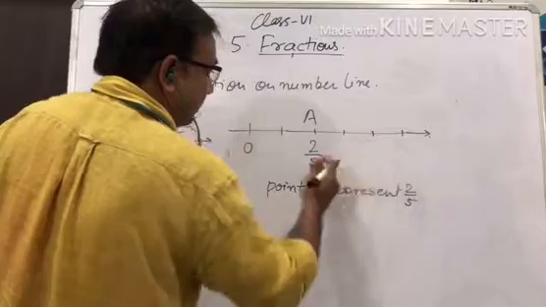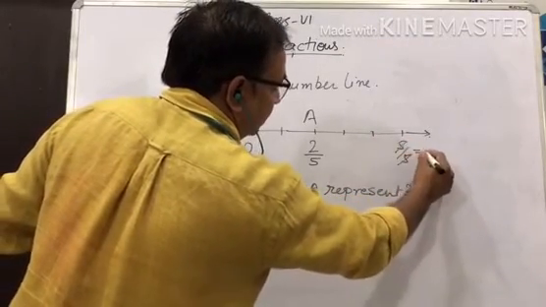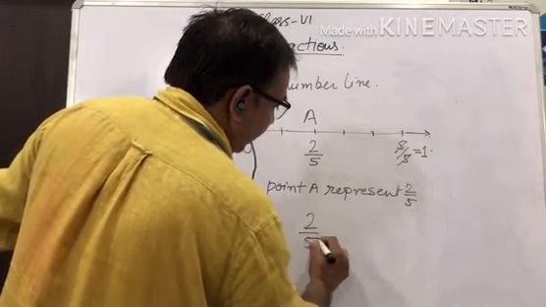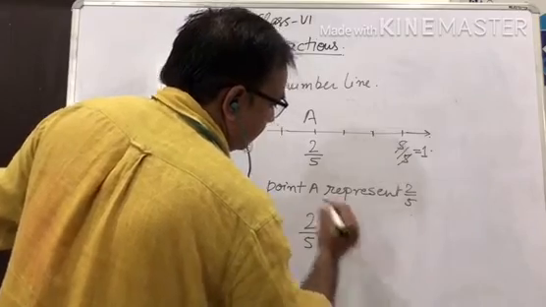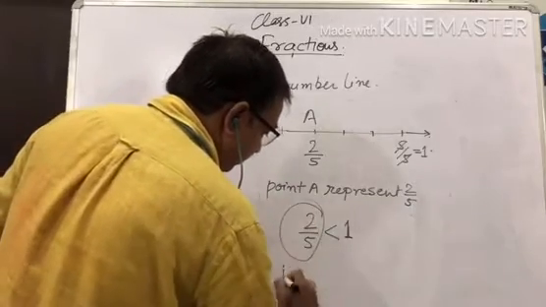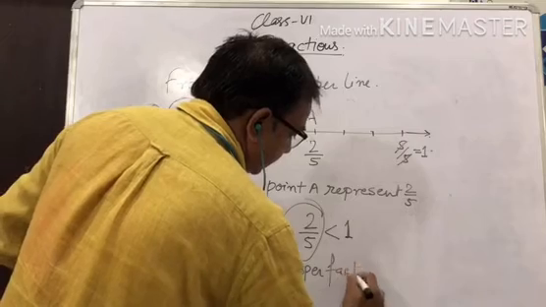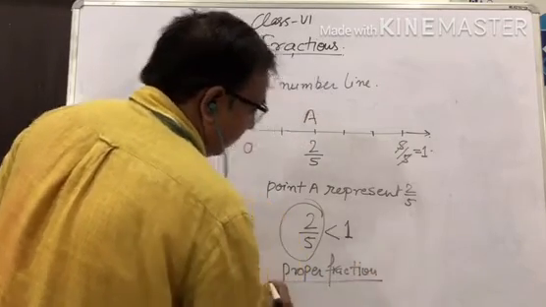And the last one, 5 upon 5, when you reduce this, becomes 1. It means that 2 upon 5 is less than 1. And I think you know that this is a proper fraction also.